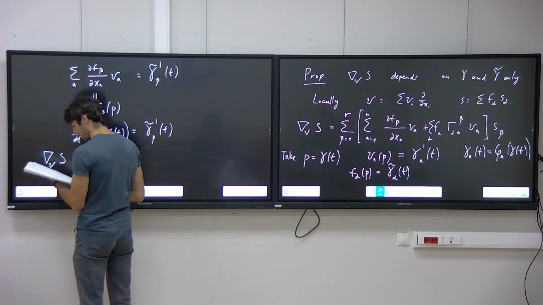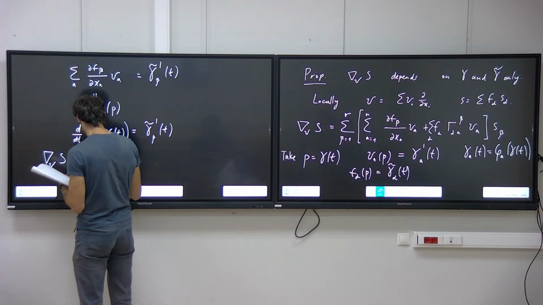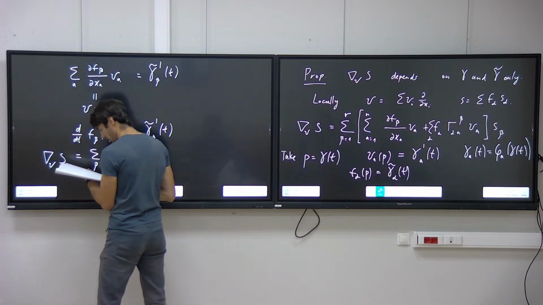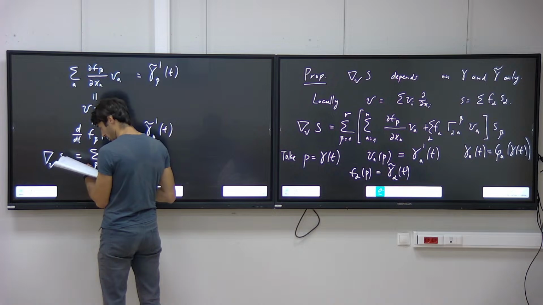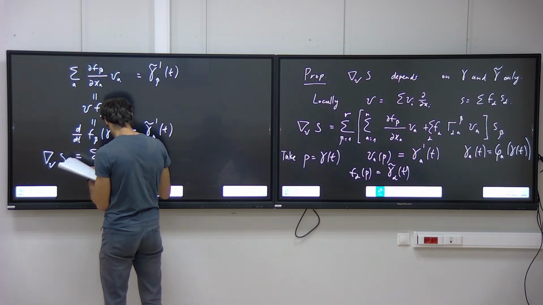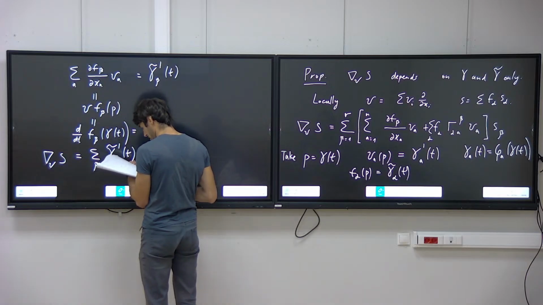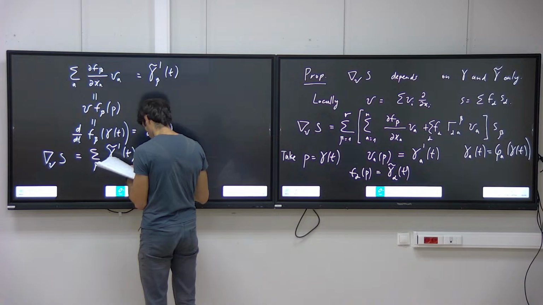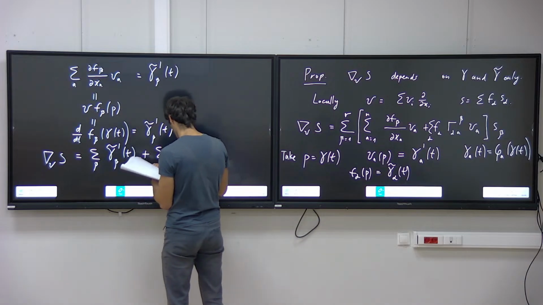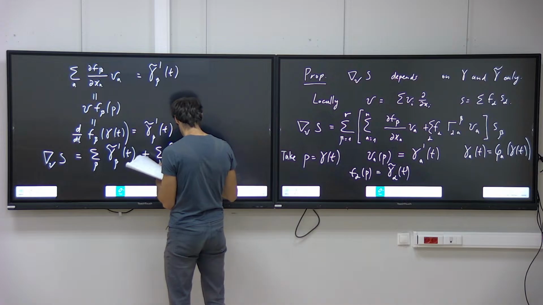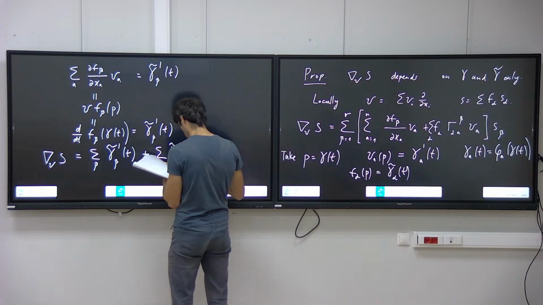So it is sum over beta gamma beta tilde prime of t plus sum over alpha and a gamma tilde of t gamma a prime of t.